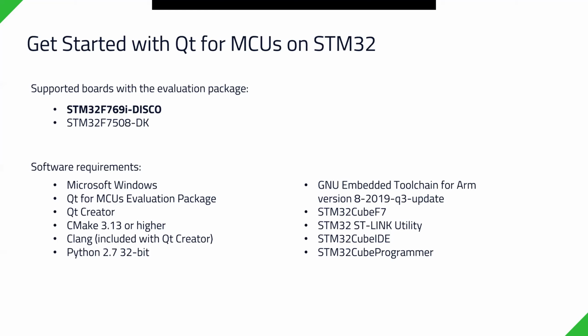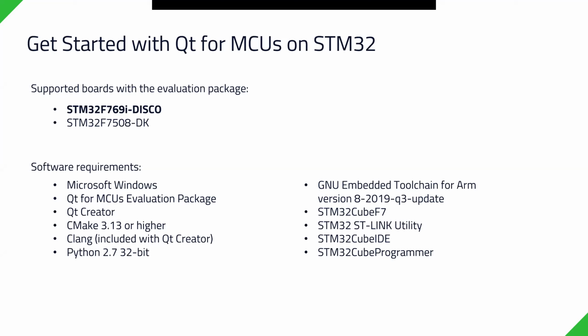That's because Qt Ultralight is based on the CMake build system, not on QMake, our own build system, so this is mandatory. You will also need Clang. If you're using Qt Creator, you do not need to download it separately because it's included with Qt Creator. And finally, on this list of tools, you will also need Python 2.7 32-bit.